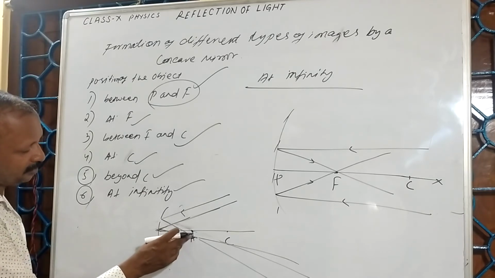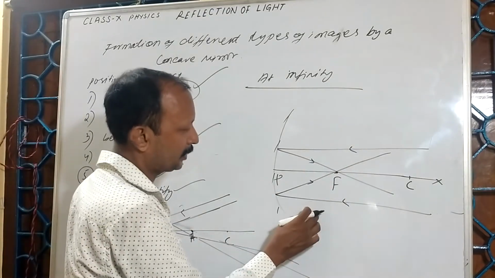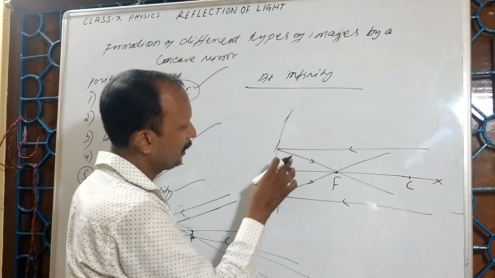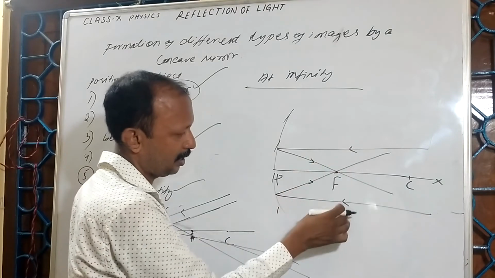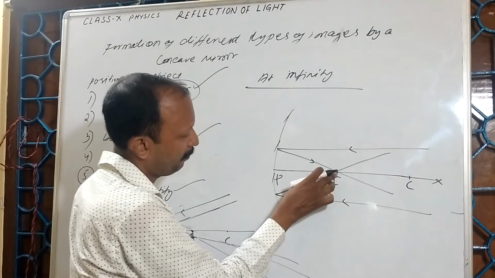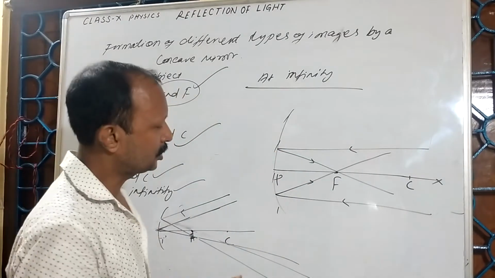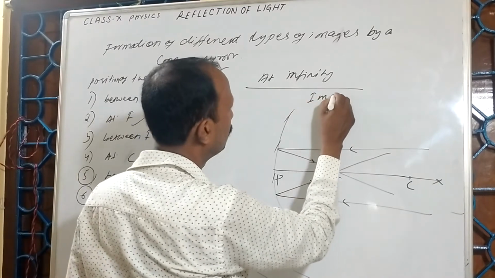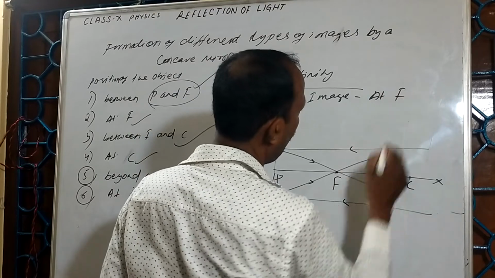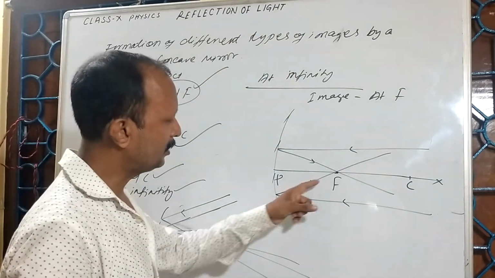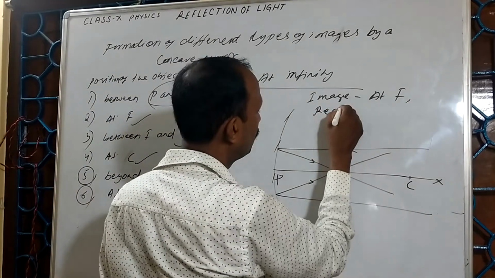The image becomes very small. In this figure, you see that the incident rays coming from far away are taken as parallel rays. They are passing through the focus. So the image is formed here. The characteristics of the image: where is it formed? At F. The image is at F. They are really meeting, so it is also a real image.